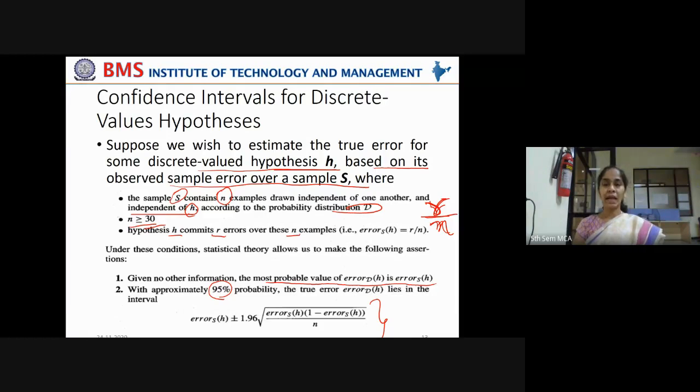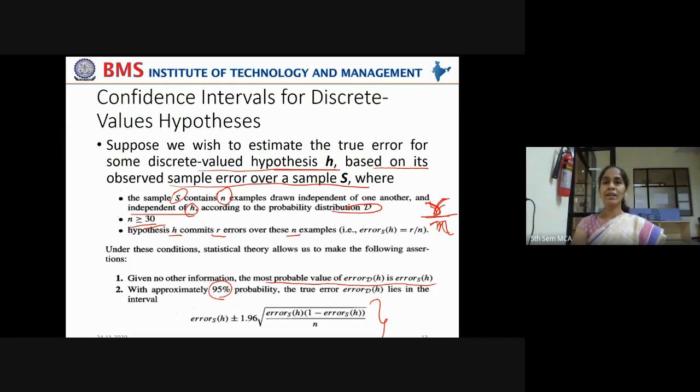I'll calculate and show you how it lies in this particular interval. What is the interval? It is the sample error plus or minus 1.96 multiplied by the square root of sample error multiplied by (1 minus sample error) divided by n, the total number of data points.